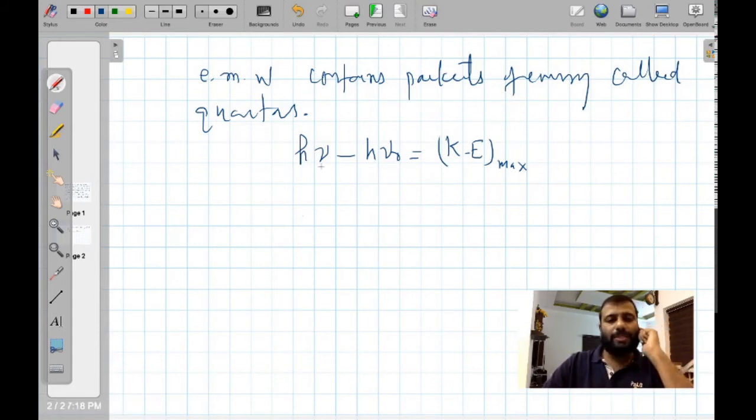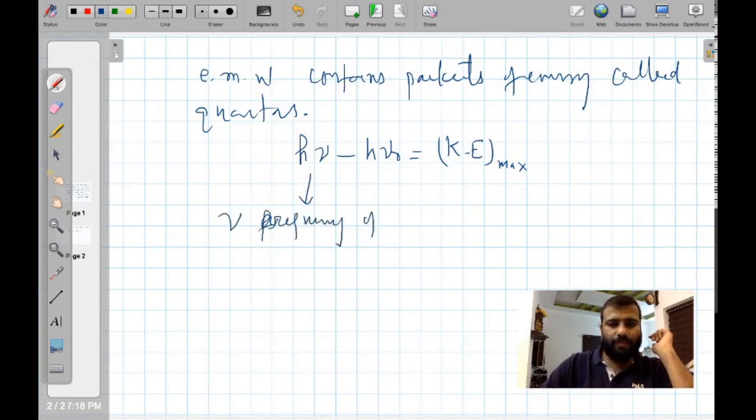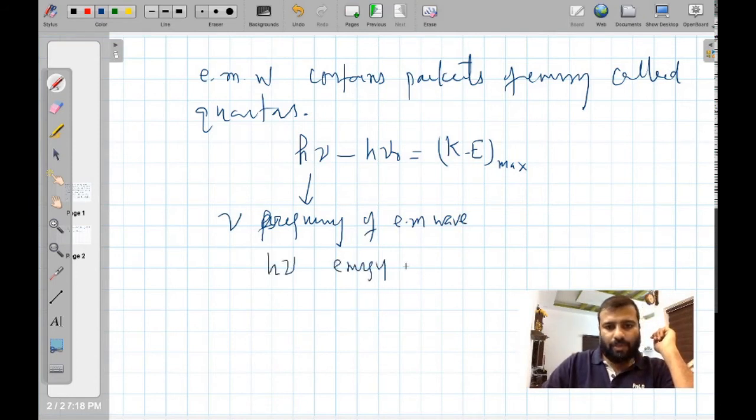This would be equal to h nu minus h nu 0. What is h nu? Nu is the frequency of the incident electromagnetic wave. h is Planck's constant, so h nu stands for the energy of the electromagnetic wave quanta.